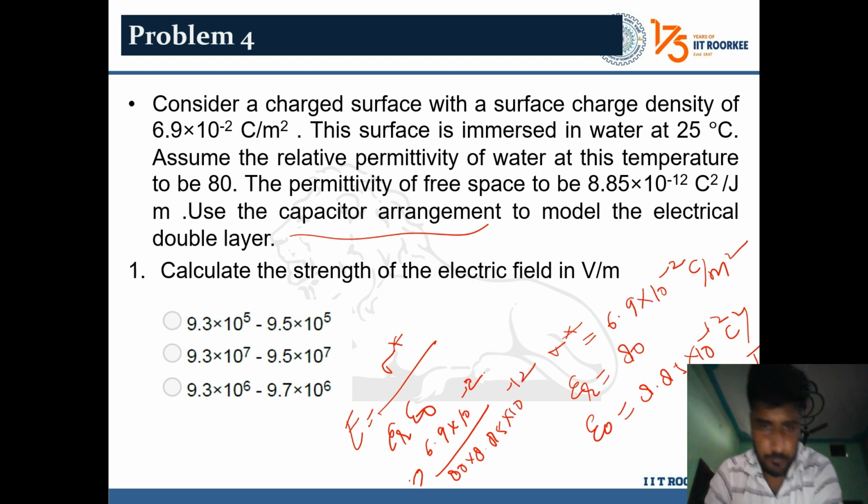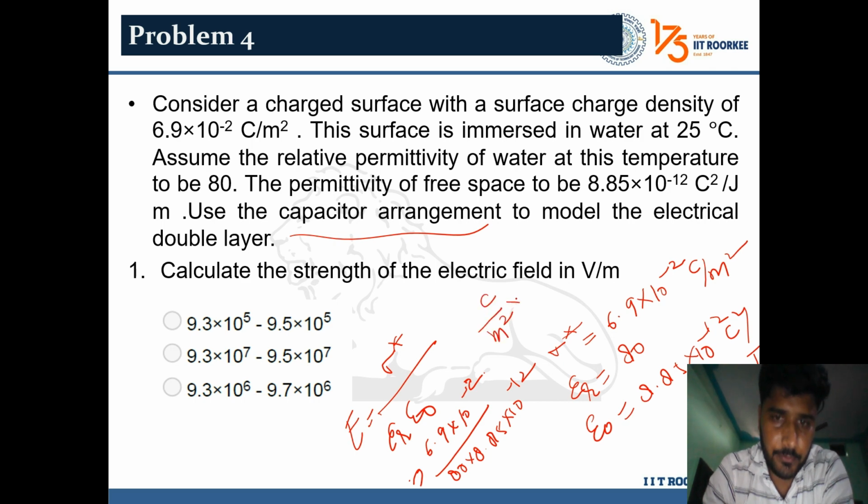Let me check the units. That is coulomb per meter square, and here joule per coulomb square. This term will cancel out, and you will get the answer.